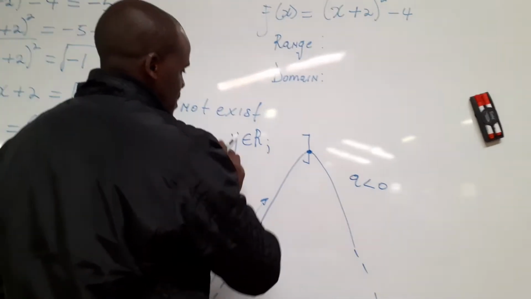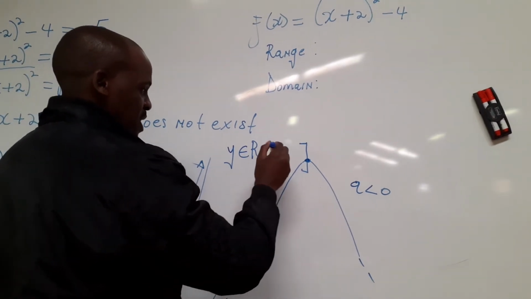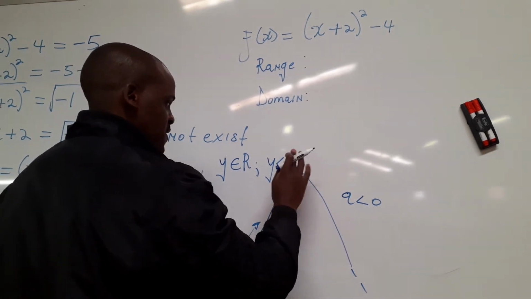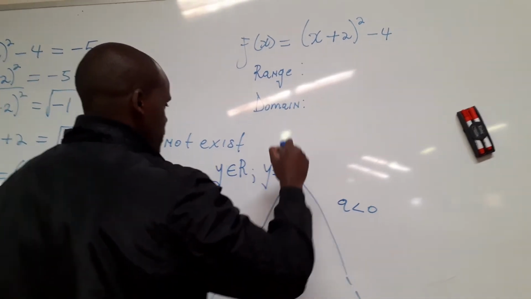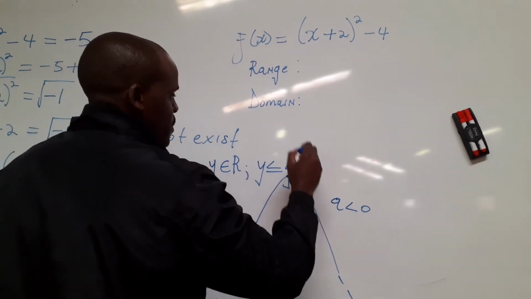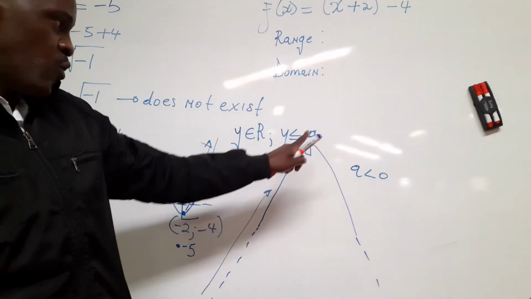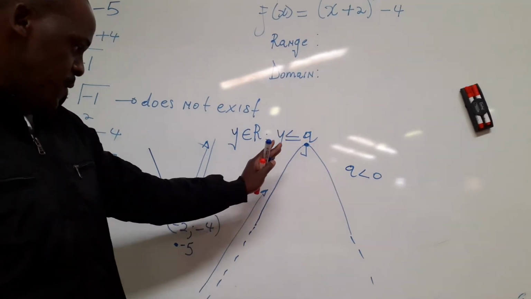So we are saying y is an element of real numbers, but y must be less than or equal to q. That is the range for that function.